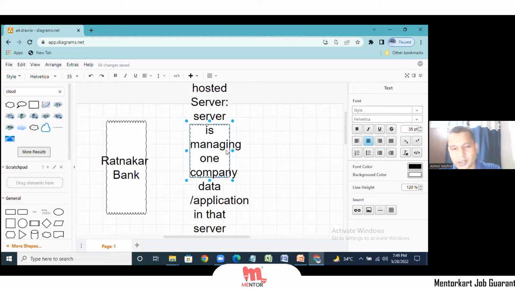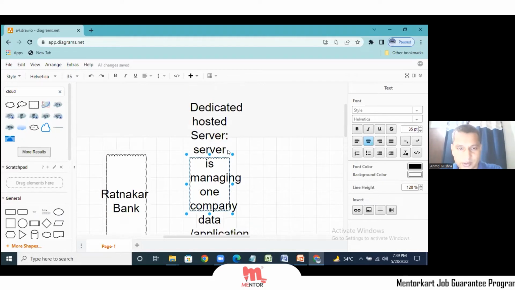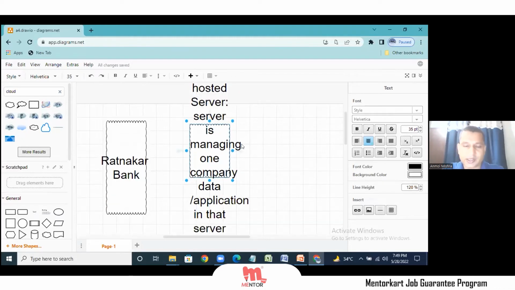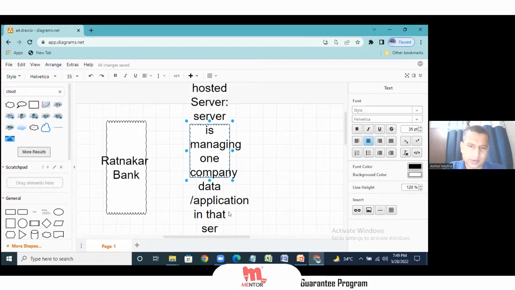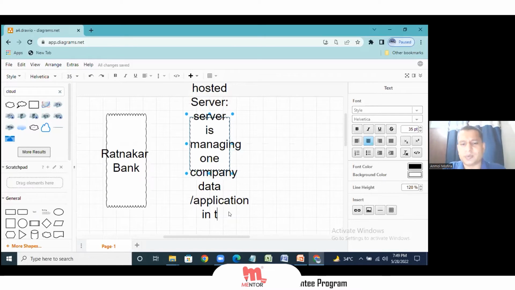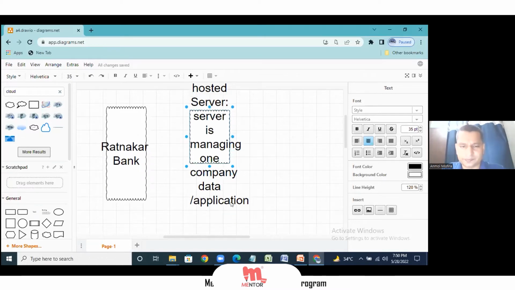So it is called dedicated. Let's write this down. Dedicated hosted server, that is, the server is managing one company's data or application. That is called dedicated.